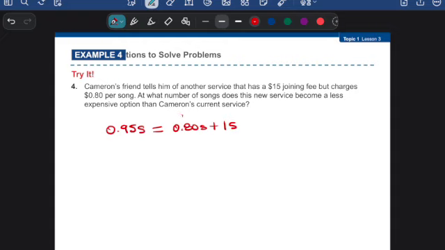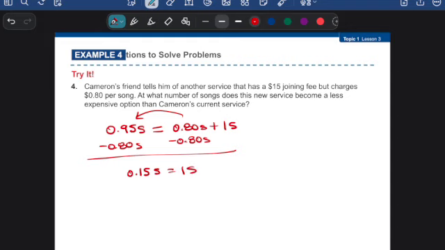So again, I'm going to move my variable terms to one side. My constant's already there. So subtracting 0.8s from both sides, I get 0.15s equals 15. Divide by the coefficient.